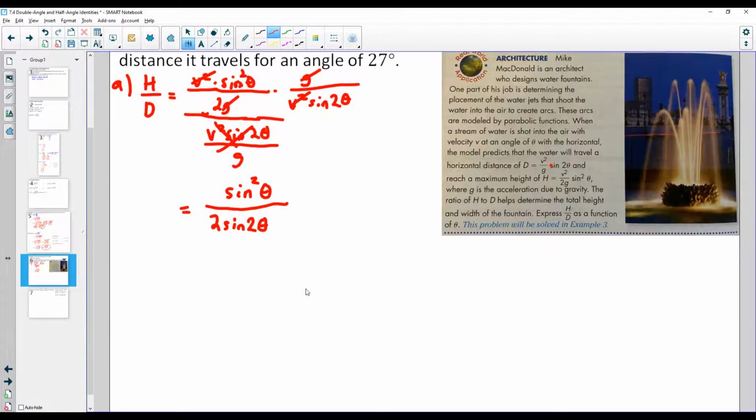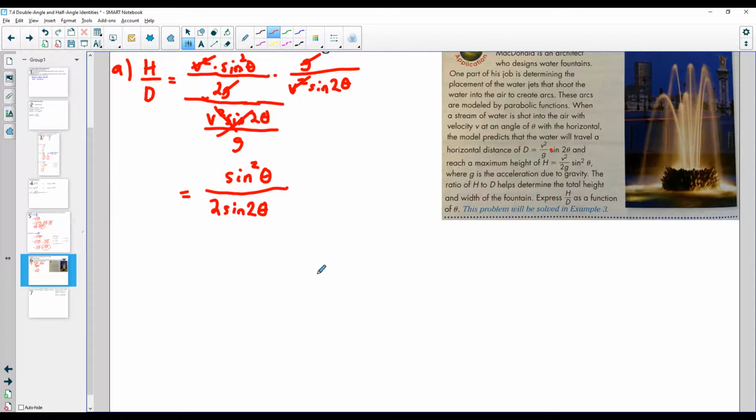Okay, well, now there's a couple more things we can do, right? Sine of 2 theta is really 2 sine of theta cosine theta, remember from earlier. So if I have 2 times the sine of theta cosine of theta, I really have 4 times the sine of theta times the cosine of theta.